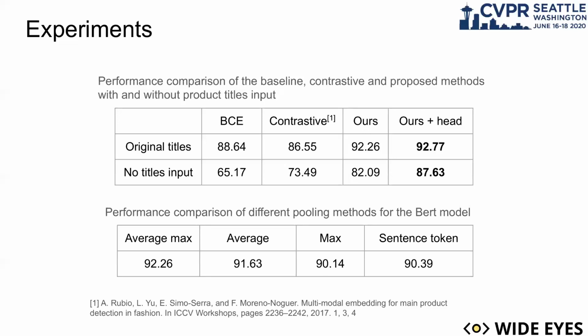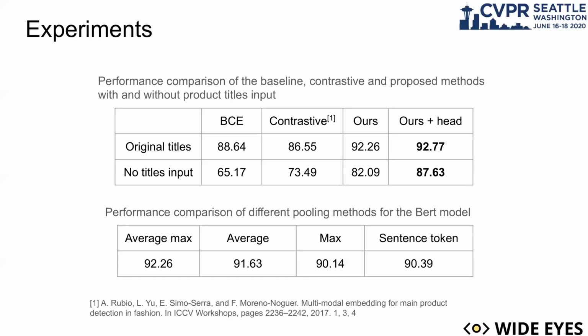And we also do another small experiment for the BERT model. We try different pooling methods. As I said in the model slide, we do average max pooling. It's basically averaging the embeddings of the tokens, doing max pooling on the embeddings of the tokens, and then concatenating these 2 features.